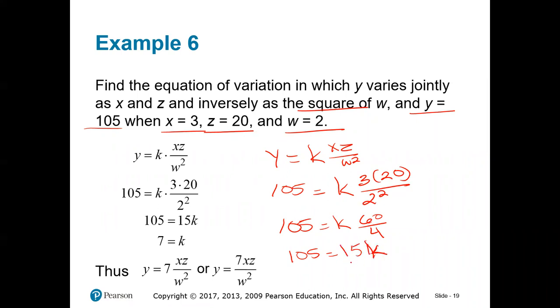And now I want the coefficient to be positive 1 on k, so I'm going to divide by that 15. And now I got k is equal to 105 divided by 15, and that gives me 7. So my constant here is 7, so I'm going to write my model out. And this is what we want to work with.